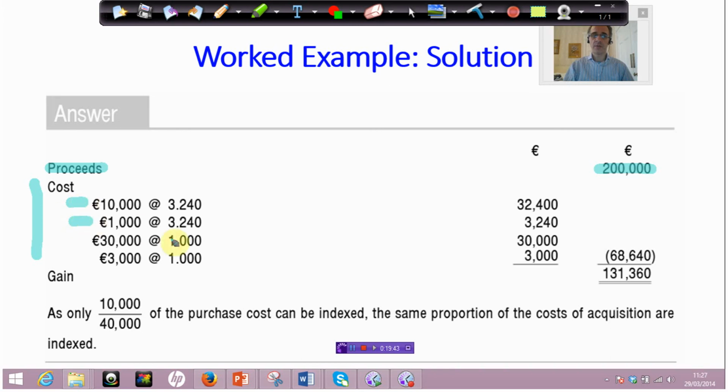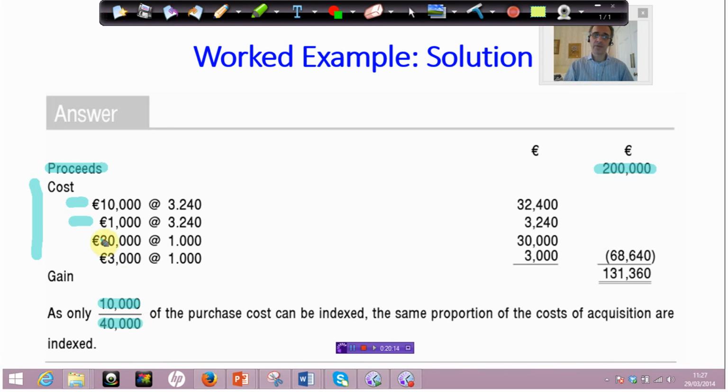And where we get those numbers from is that if we look at the current use value at purchase compared with the actual purchase price, which was the increased value, we have a fraction of 1/4. So what the revenue say is, well, it's fine for you to go back to the purchase date and take the current use cost or the current use value as cost at that date and index that up.